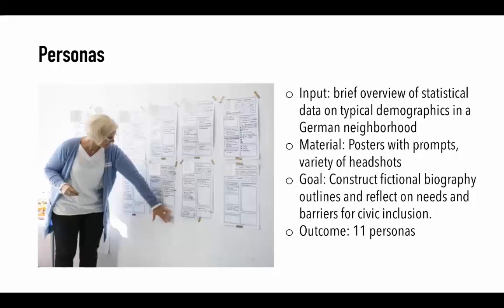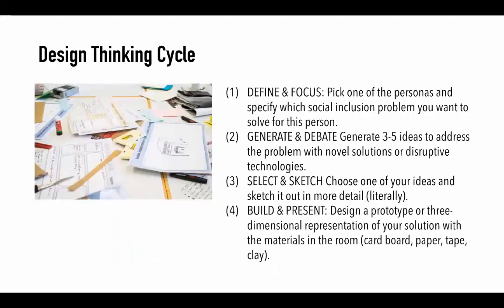And this for us was the starting point to then actually engage in a classic design thinking cycle. So the personas and their legends delivered the necessary context for design decisions and priorities in the next step of the creative process.